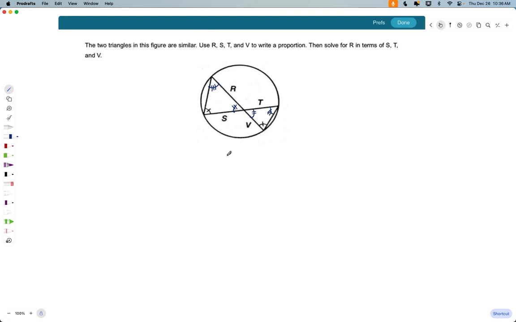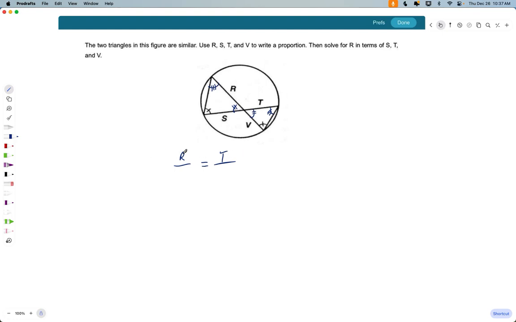Now we can see which sides are congruent to which side. So this is angle 3 and angle 2 is equal to angle 3 and angle 2, so it's the same side. Remember, when writing a proportion, we keep the same things together.